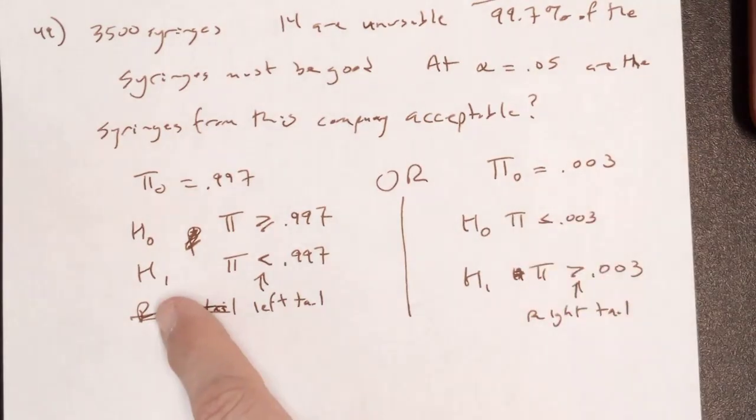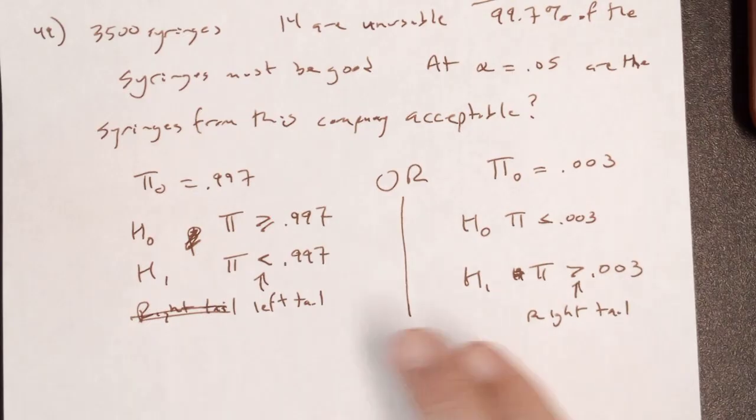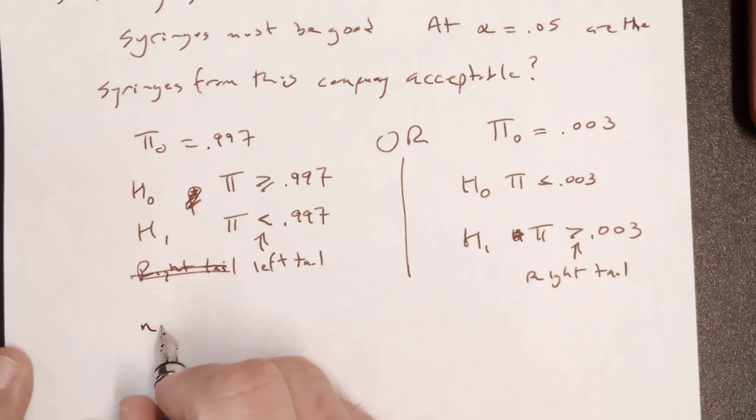If I want to do it this way, I need a number that's not sitting up there. I need to know how many good syringes we had. And that is 3,500 minus 14. So I would need a different X depending on which setting I'm in. But in both cases, I'm going to do N is 3,500.